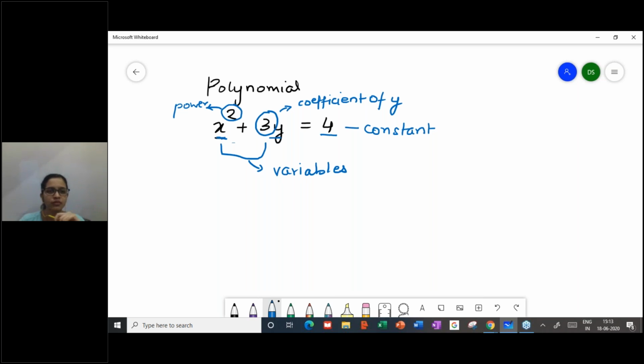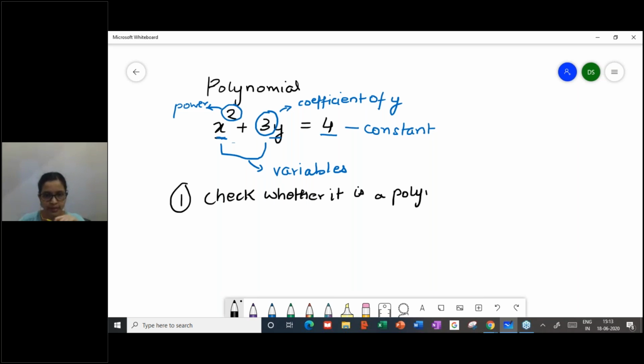So the first type of questions we encounter is to check whether it is a polynomial. To check this, the power of the variable should be a whole number.